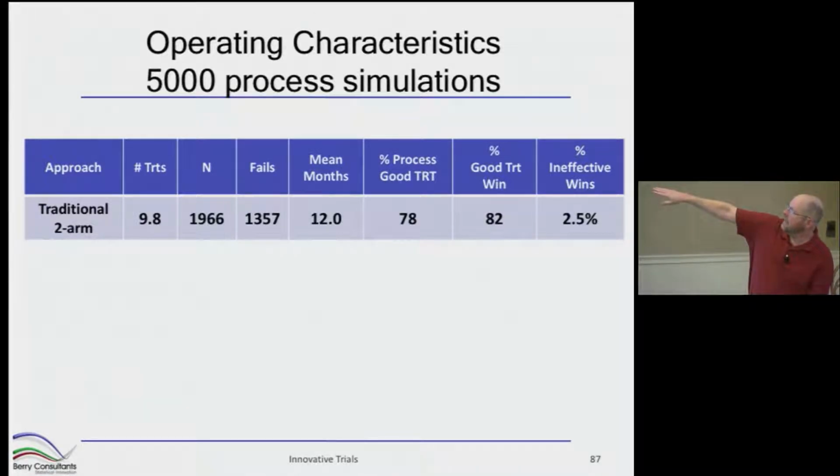Our N, so this N is the total number of patients we had to treat, 1,966. And that's effectively, really we're running 10 different trials on average in order to find that one golden nugget. Let's see, we assumed an accrual rate, so we found one in 12 months on here.